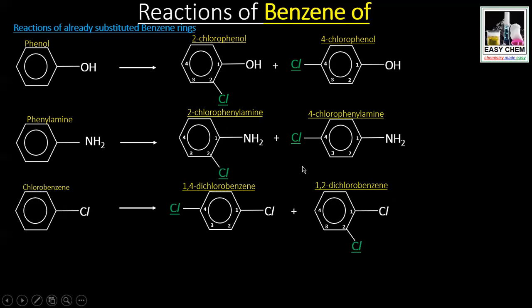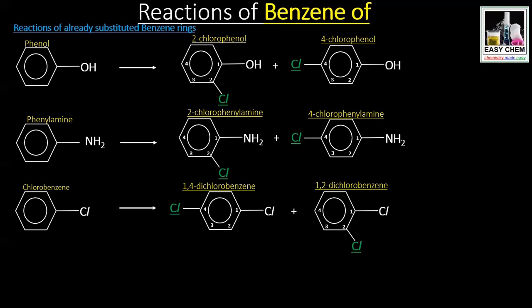So I have taken that 2 to the right-hand side in this 3rd example, where how is it 1,2-dichlorobenzene? Because only 1 chlorine is attached. To that chlorine-containing molecule, another chlorine gets attached on the 2nd carbon. You can see that on the right-hand side. And I said I switched the sides. On the left-hand side, we have 1,4-dichlorobenzene.